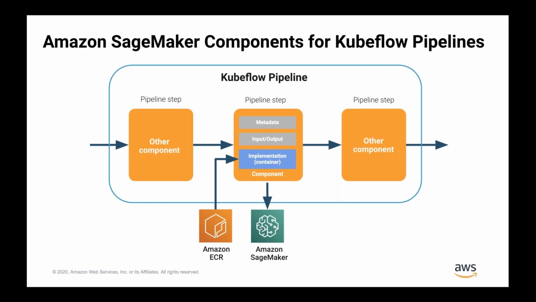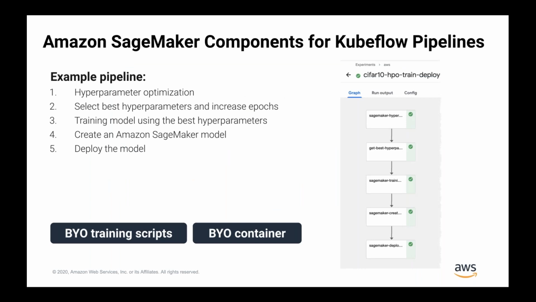So you can have all your other components running on your Kubernetes cluster, and then you can have one component, particularly ones that are more intensive in compute, run on SageMaker, and you pull in the container from ECR. And essentially, this allows you to be consistent with the rest of your pipeline and also have your pipeline input-outputs natively integrate with Kubeflow metadata. And in terms of how this might look, you can also build entirely SageMaker-focused pipelines.